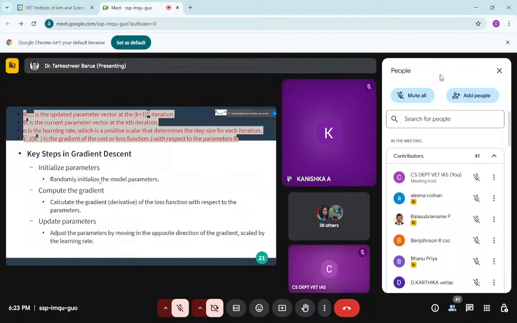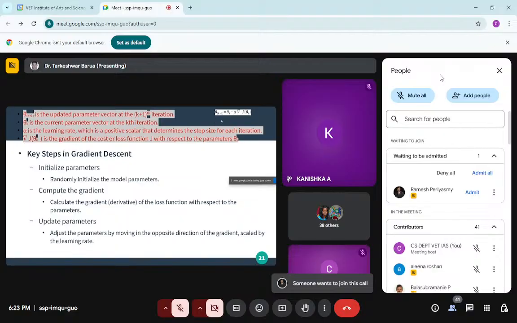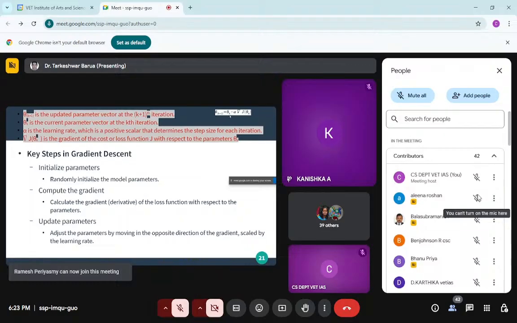So what is the formula to achieve this? This is a mathematical formula: theta k plus 1 equals theta k minus alpha times the gradient of J. Here we have the updated parameter vector at position k plus 1.